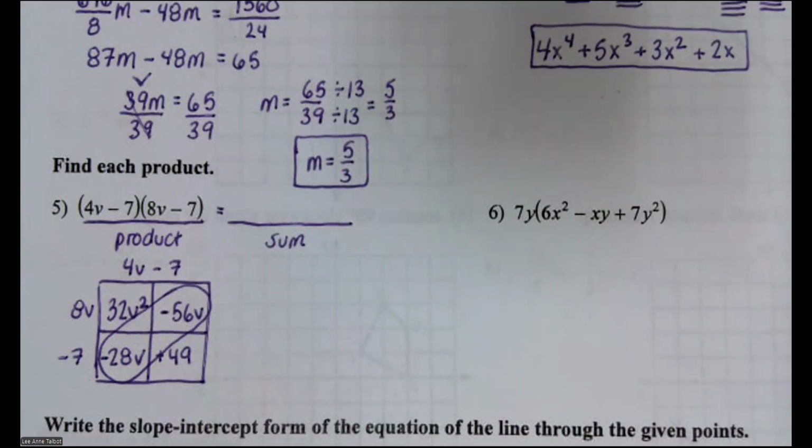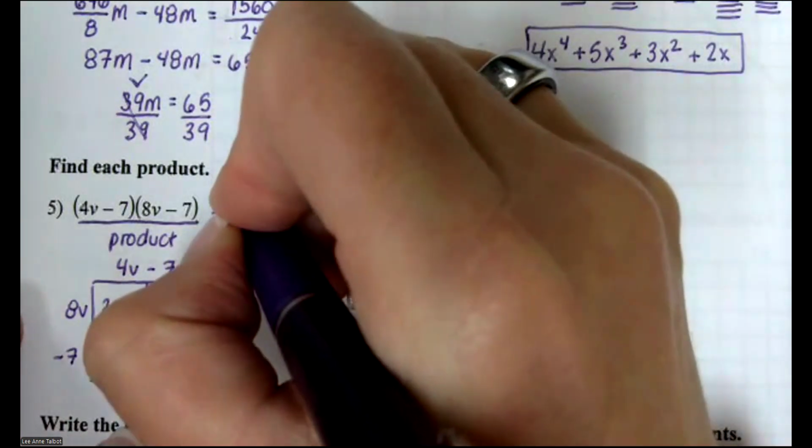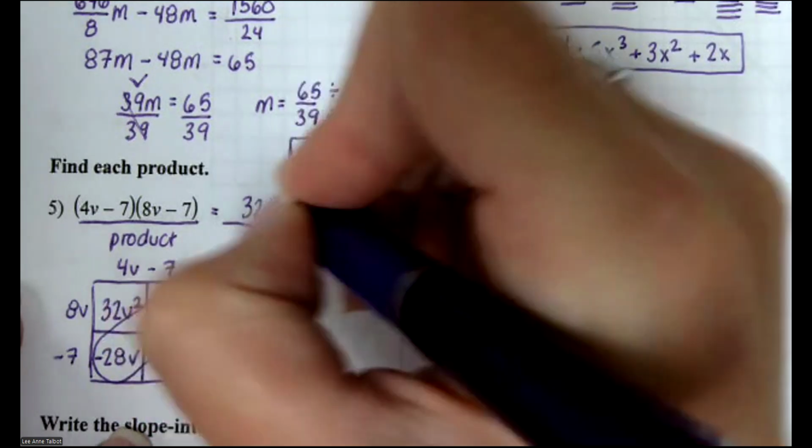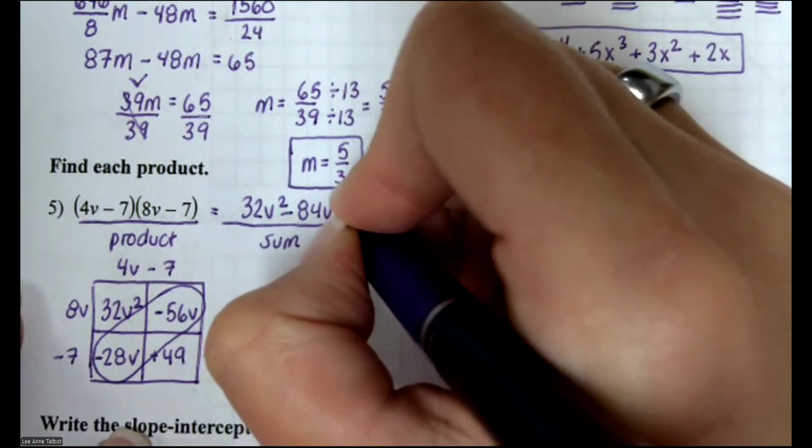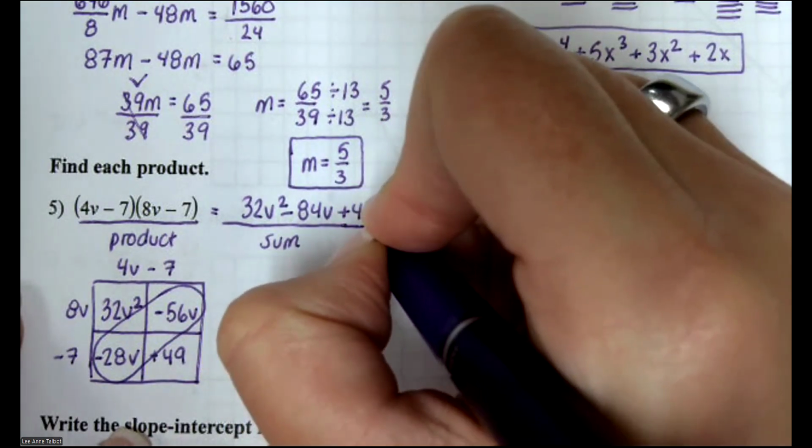Okay, what's negative 56 plus negative 28? Negative 84. Okay, so 32b squared minus 84b plus 49.